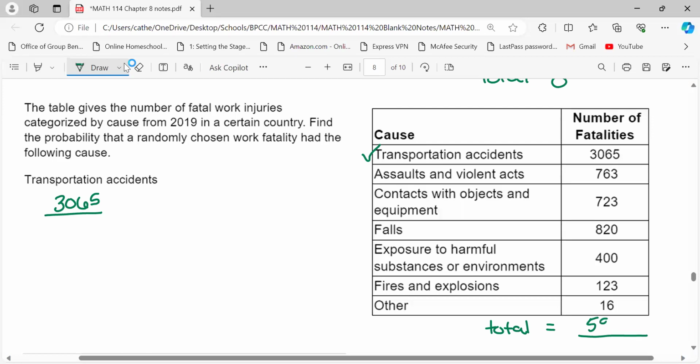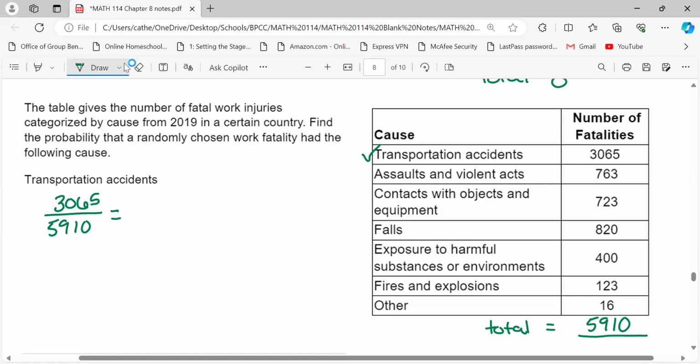The total was 5910. So almost 6,000, and about 3,000 of those were caused by transportation accidents. That's about half. So we're going to take 3065 divided by 5910.